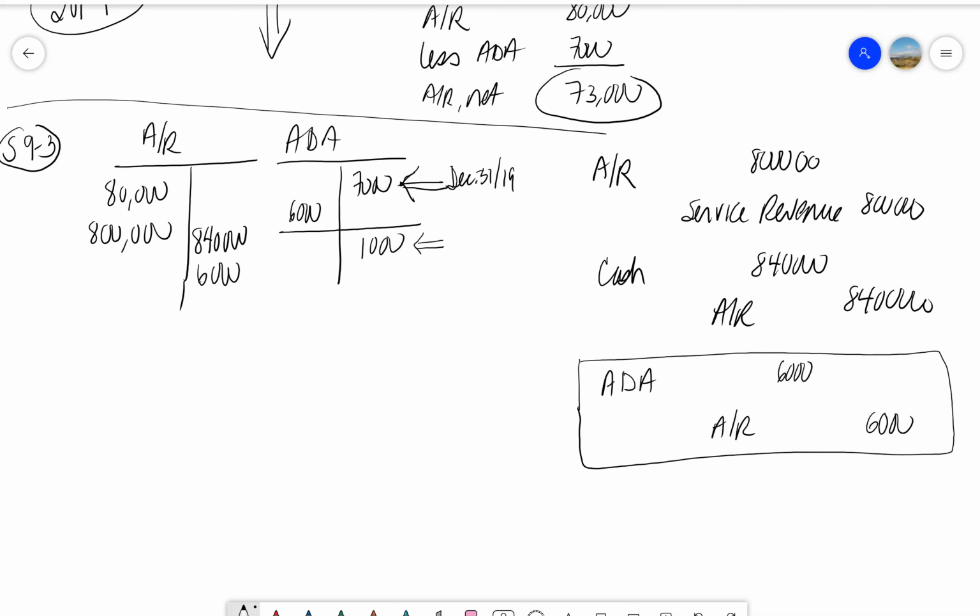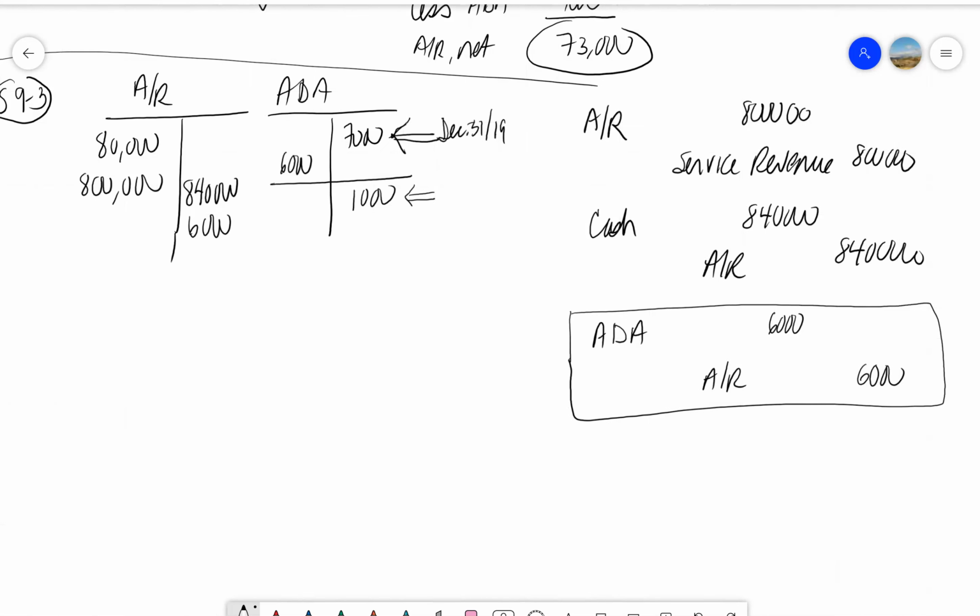And then we get to March 31st. And once again, it's likely that this company is doing quarterly financial statements. So at March 31st, at the end of the first quarter, they're going to do their adjusting journal entries before they prepare their financial statements. So now they have to estimate, well, what's the bad debts expense for the first quarter of 2020?